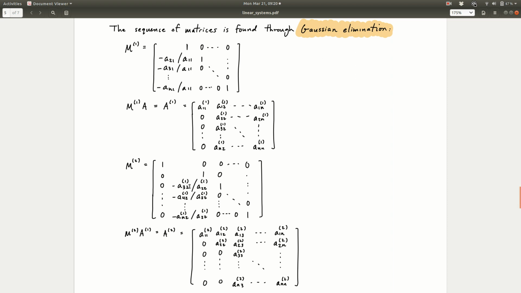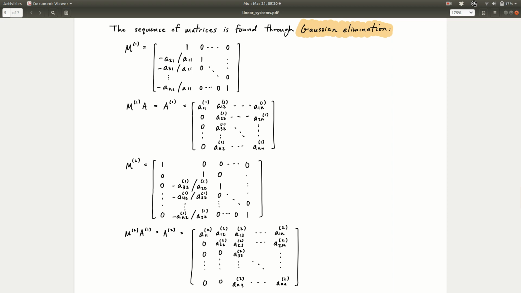Minus A32 divided by A22 multiplied by A22 gives you minus A32 plus 1 times A32. So you get minus A32 plus A32, which is 0. And then you can see the pattern is going to be the same for the other ones as well. So that's why you get all zeros here.